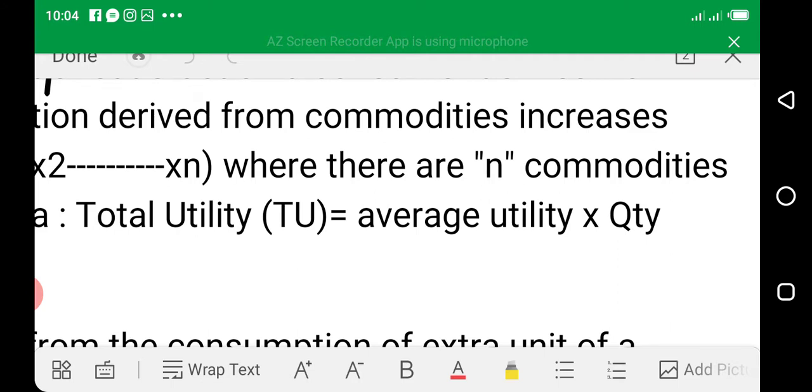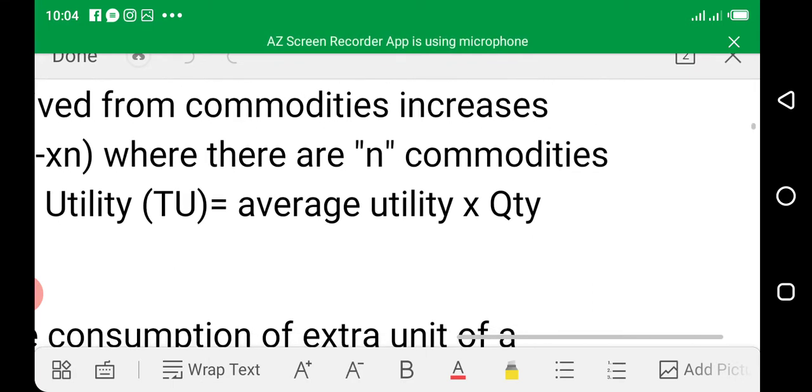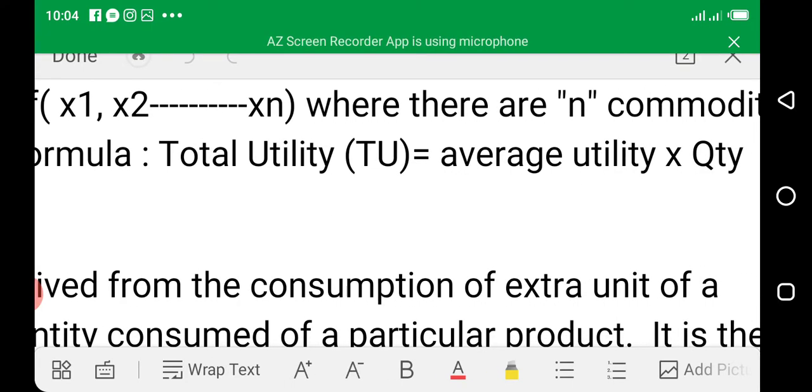Then we use the formula total utility, represented by TU, equals average utility multiplied by quantity consumed.